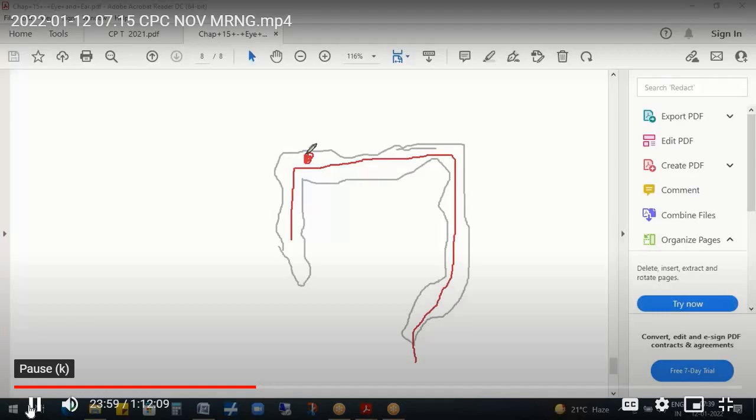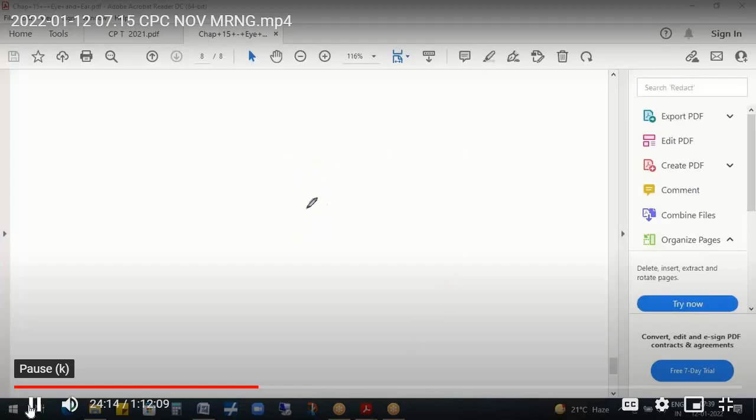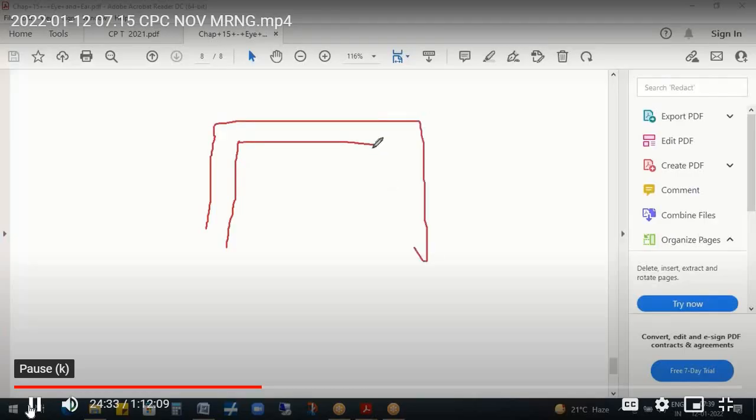If therapeutic procedure, make heading: colonoscopy, sigmoidoscopy, proctosigmoidoscopy. You draw the structure of large intestine again, everyone, to understand this concept.